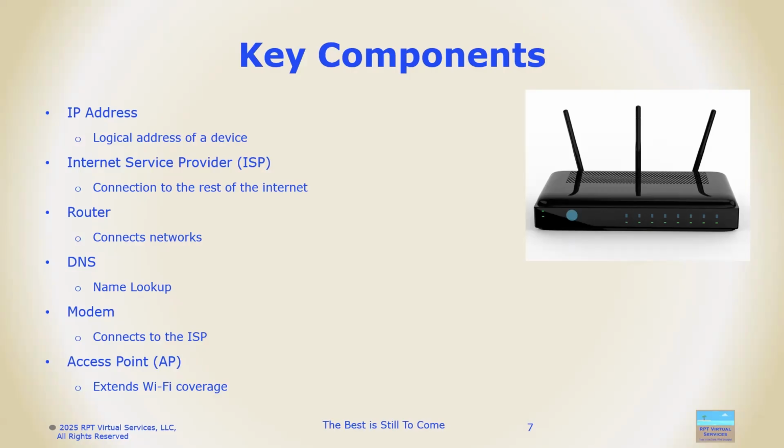And depending on the type of technology that's used, there's different types of modems that are used. And sometimes you don't need a modem at all. An access point simply extends the coverage of your Wi-Fi. So if you have a main router, you might have a separate one that acts as an access point.